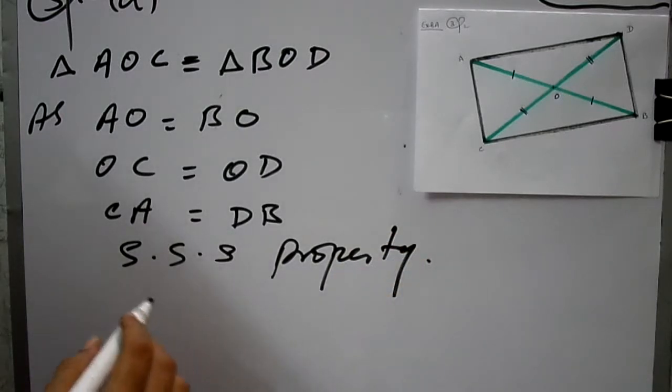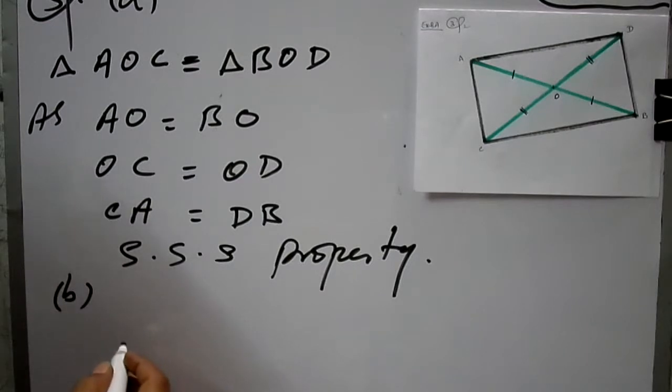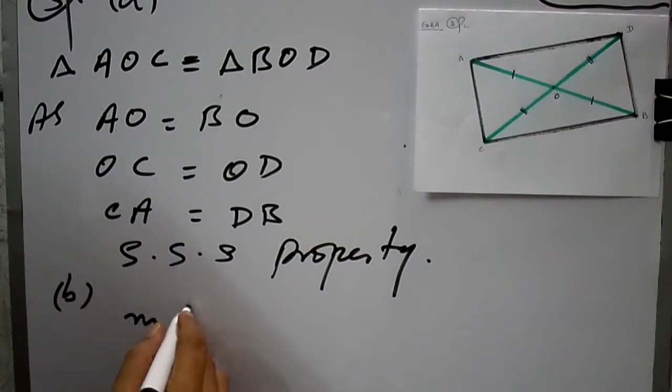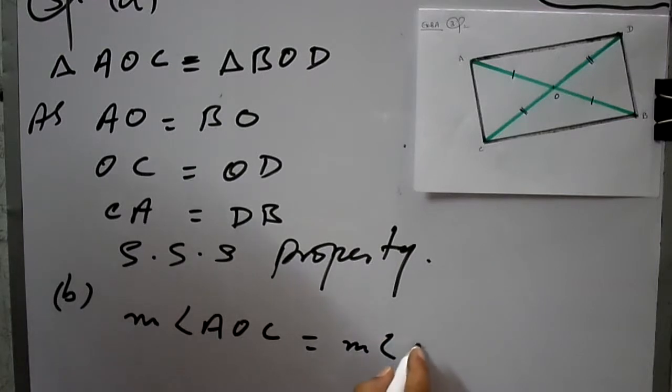Similarly, now this is your A part. Now coming to the B part, that is, write two pairs of equal angles. So you can see here the measure of angle AOC is congruent to the measure of angle BOD.